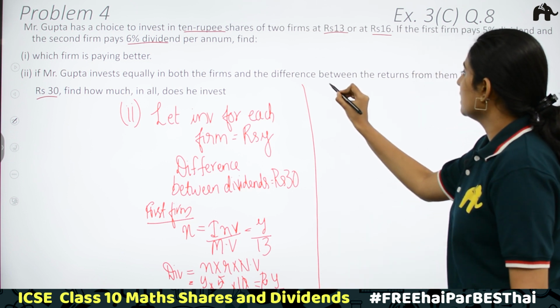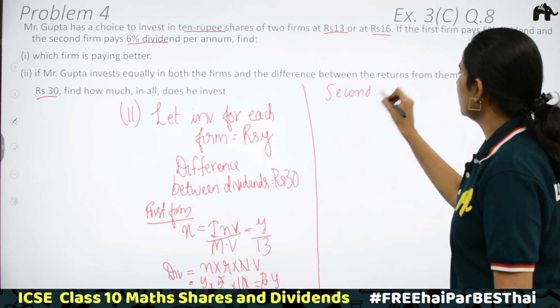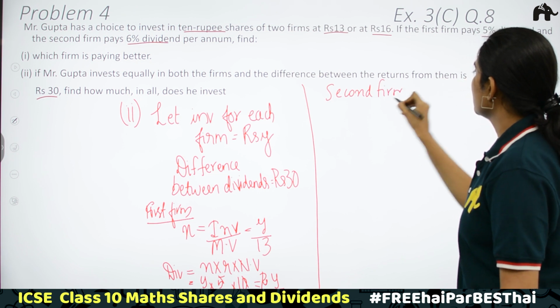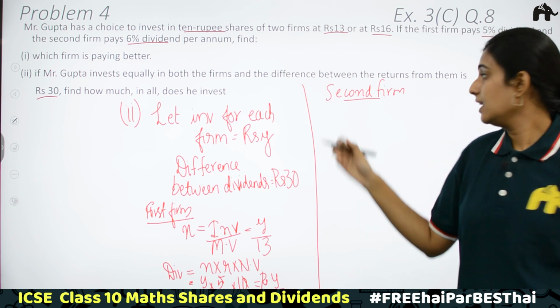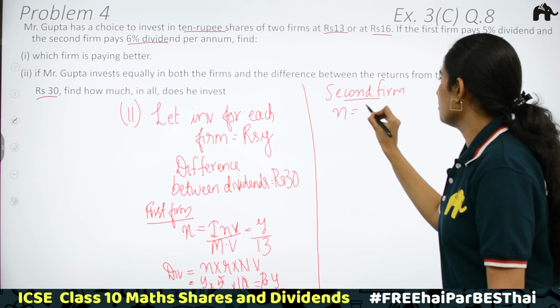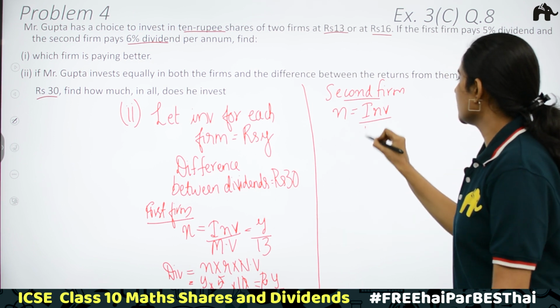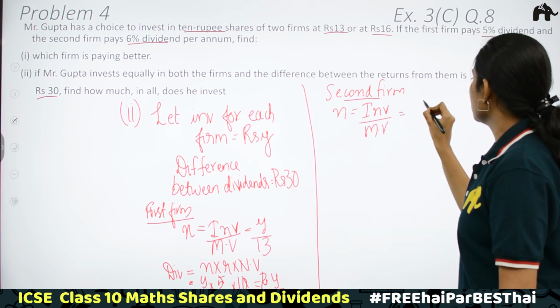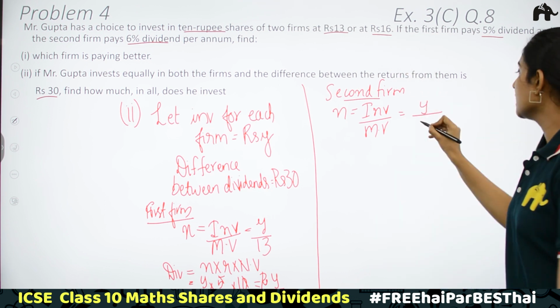Next, for the second firm, we need to find the dividend for the second firm. First, let's find the number of shares here. Number of shares is equal to investment divided by market value of one share. That is Y by, here market value of one share is 16.